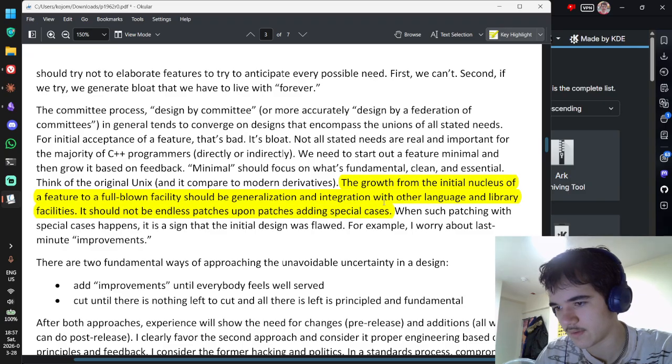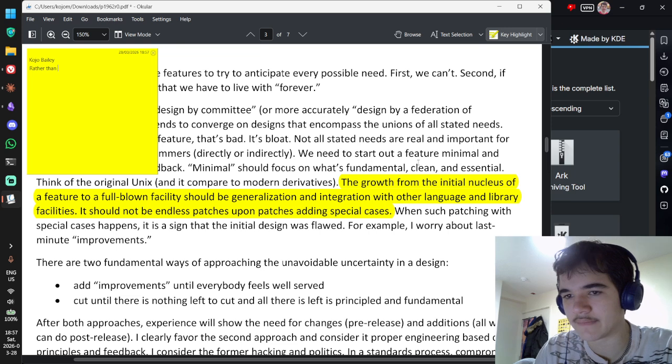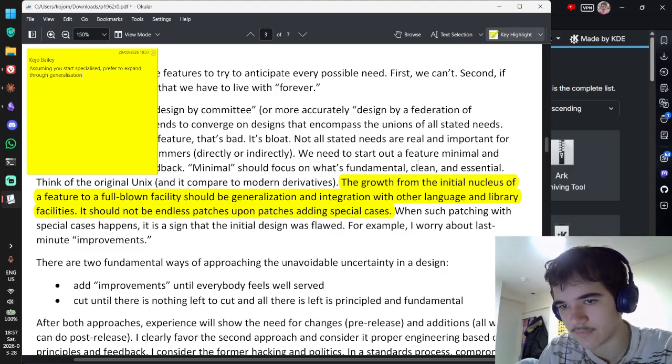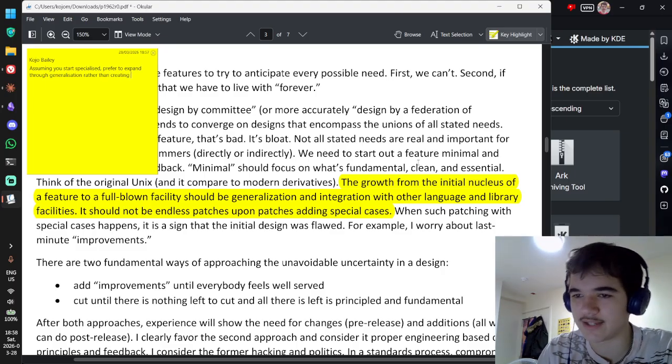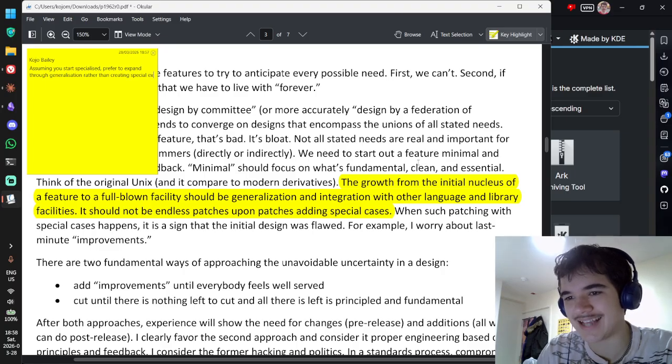Can you change the color here? Okay. So the big idea here is, assuming you start specialized for both cases, prefer to expand through generalization rather than through the addition of special cases, exceptions.